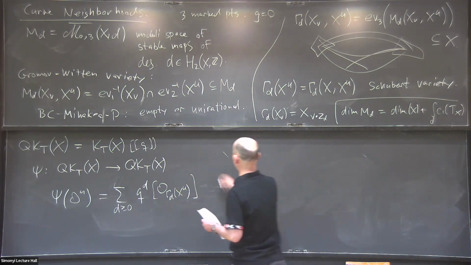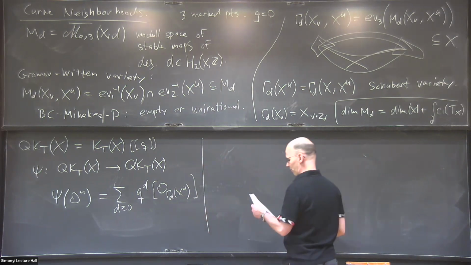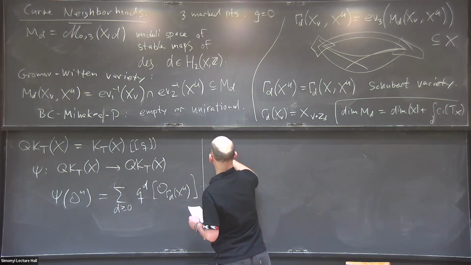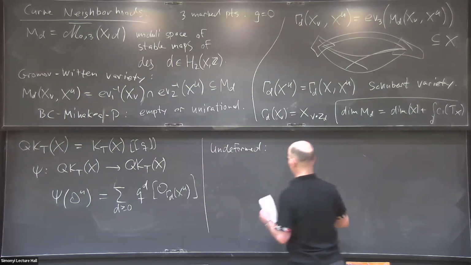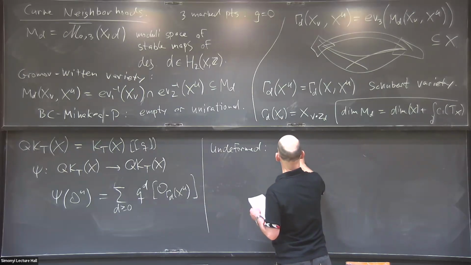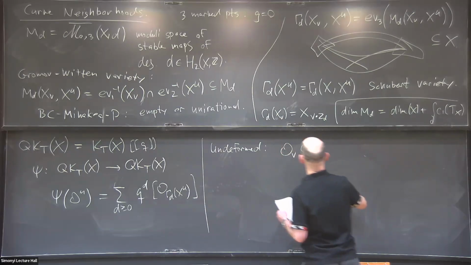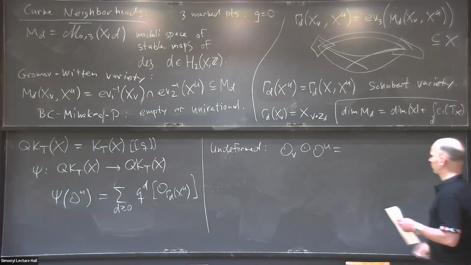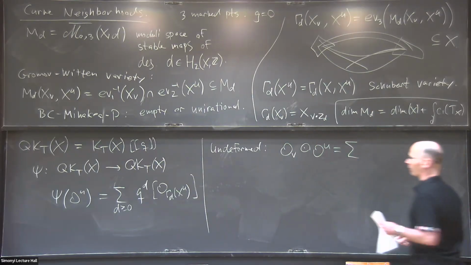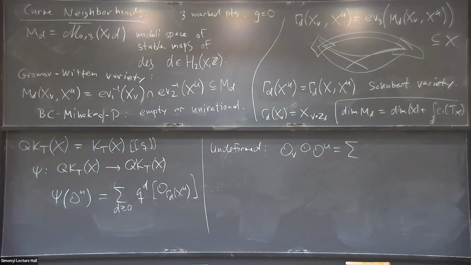And then in the quantum K theory ring, well, we have an undeformed product that I'll call O_v circle dot O^u. And this is the natural parallel of what we do in quantum cohomology.